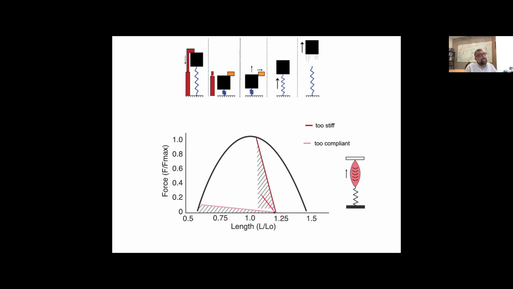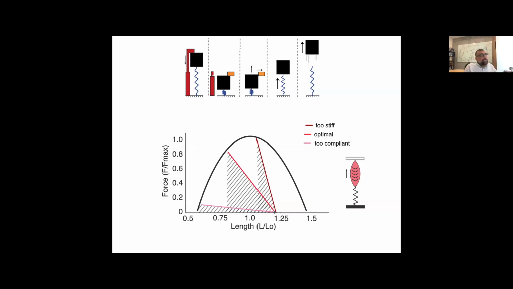Those are both cases where we're able to calculate what the optimal is, which is right in between those: not too stiff, not too compliant, allowing a significant amount of shortening, but not shortening so much that the muscle's forces start to really drop off. And so the biggest area we get, the area under that curve, is really the energy that's stored in the tendon. The size of that triangle should be interpreted as how much energy I was able to put into that tendon. So this matching between tendon and muscle properties really starts to be critical.